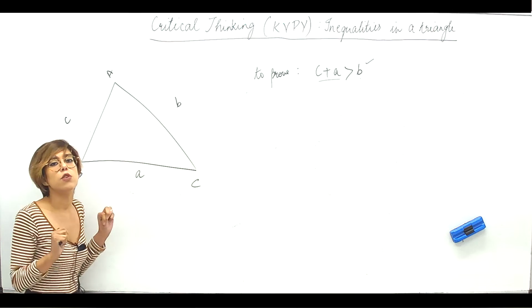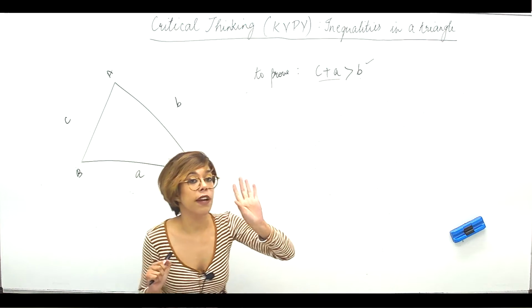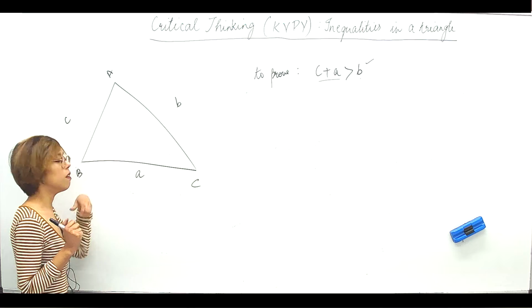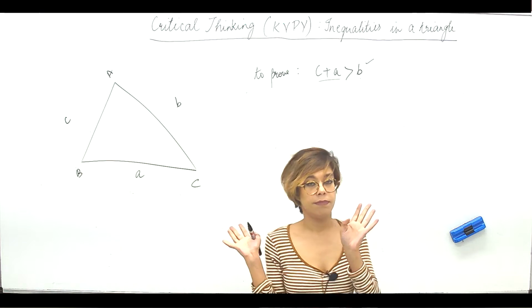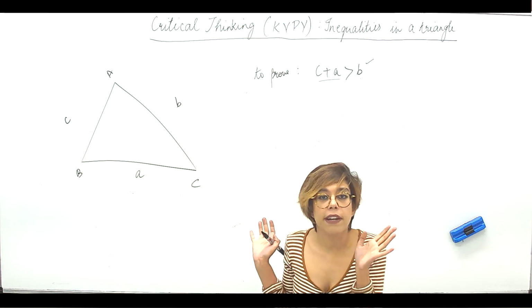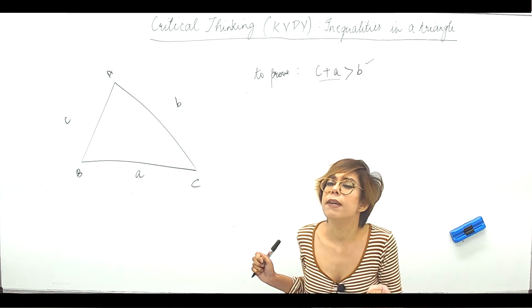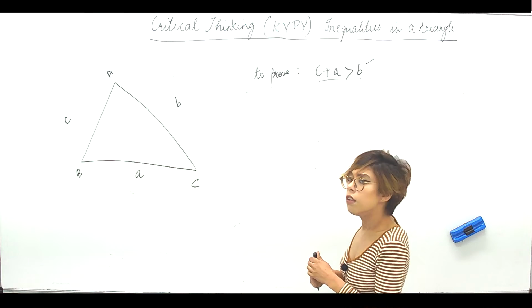Usually unequal sides are there, but now do I have c plus a as a single side of a triangle? I don't. c is here, a is here. c plus a as a single side I do not have. If I want to apply inequality in a triangle, I should have it as a single side. Right? How will the unequal sides be formed? c plus a is not there, what to do?